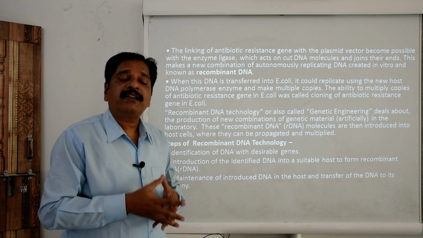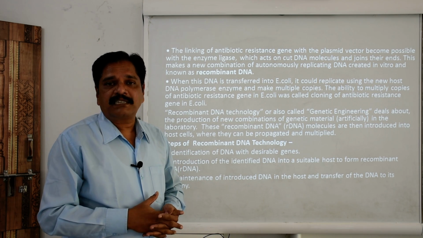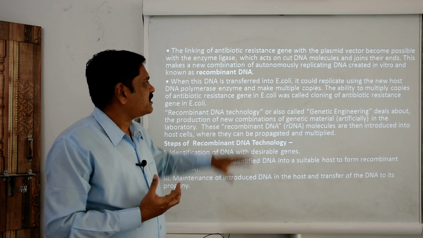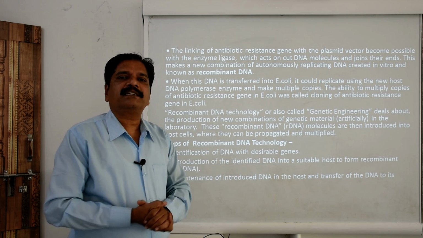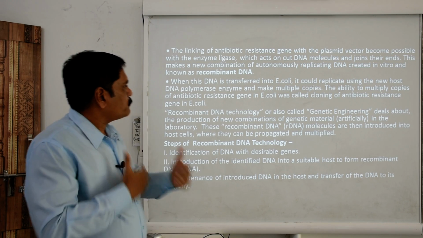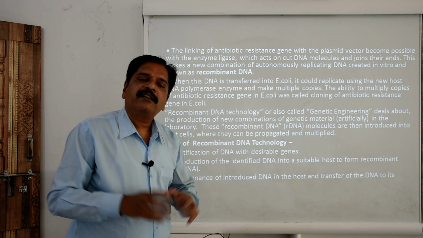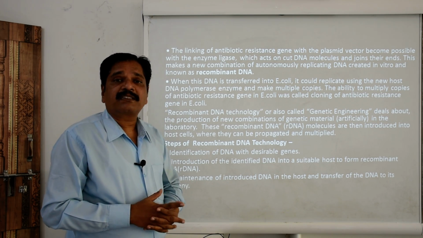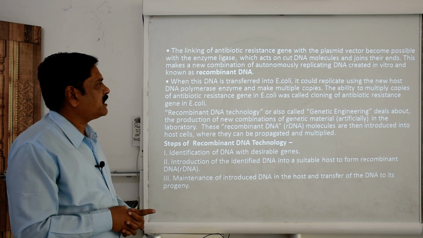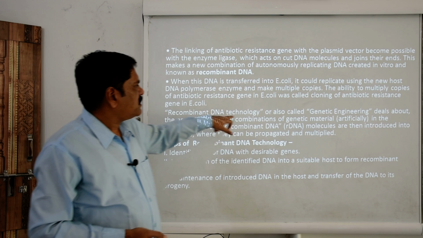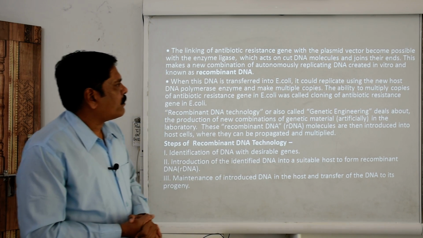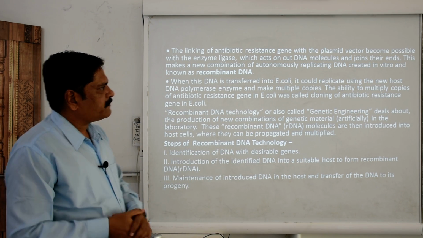Clear? And when it is added to the bacterial cell, then by using the DNA polymerase enzyme of this bacterial cell, it multiplies itself, and this way we can obtain the desired copies of the DNA in the required numbers. So this recombinant DNA technology is also called genetic engineering.